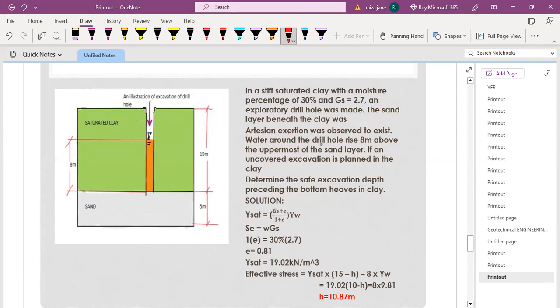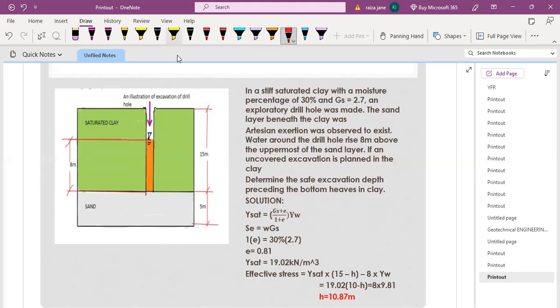Artesian exertion was observed to exist. Water around the drill hole rose 8 meter above the uppermost. This 8 meter is above the uppermost.